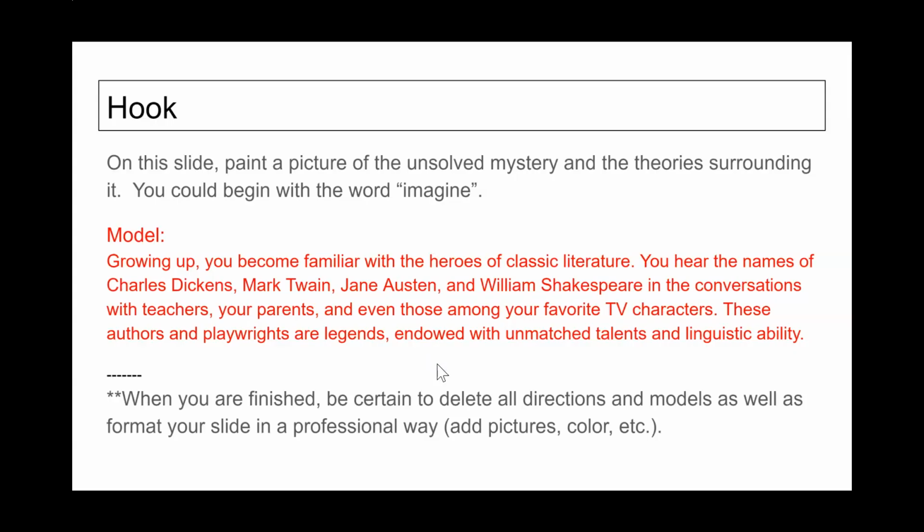So taking a look at this sample, again, let's say the topic is, did William Shakespeare write his own plays? On this slide, you are going to paint a picture of the unsolved mystery and the theories surrounding it. Keep in mind that your reader and your audience may not know much about the topic that you are presenting on. So you could begin with the word even imagine, something to pull them in.